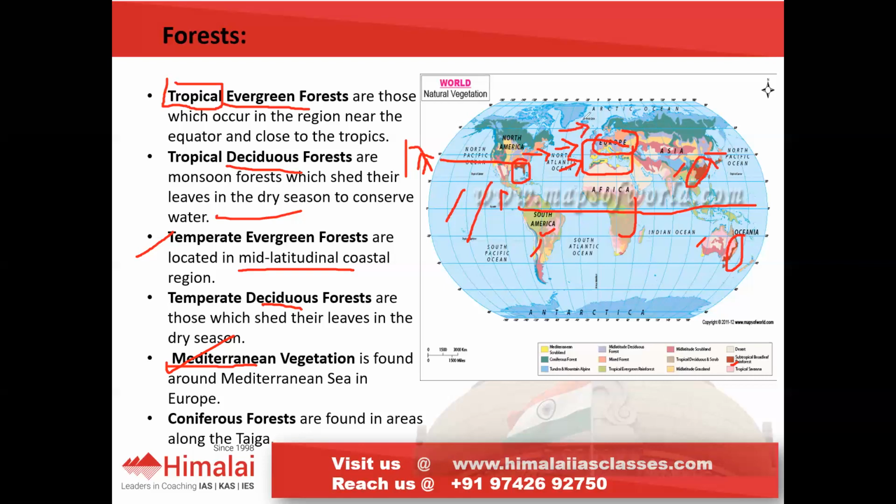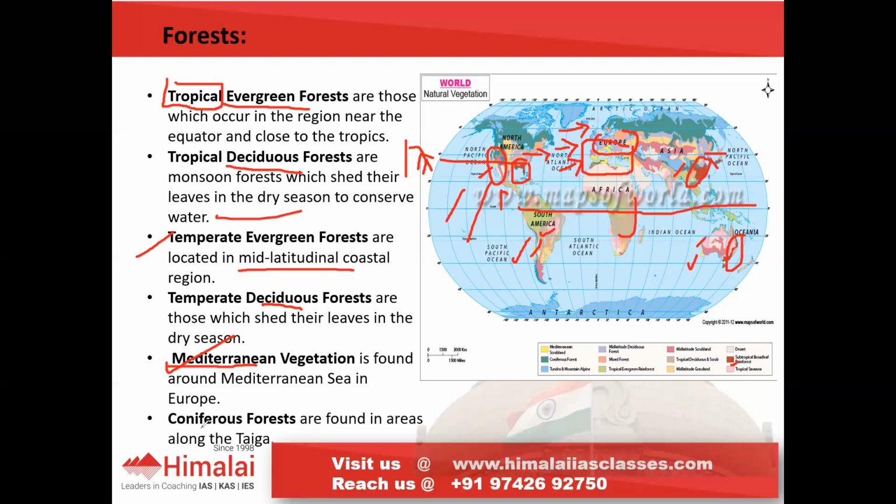Hence, it is called the orchards of the world. Apart from this region, we can find Mediterranean vegetation especially in the western part of North America, as well as in southwest Chile, in Africa, as well as in southwest Australia.